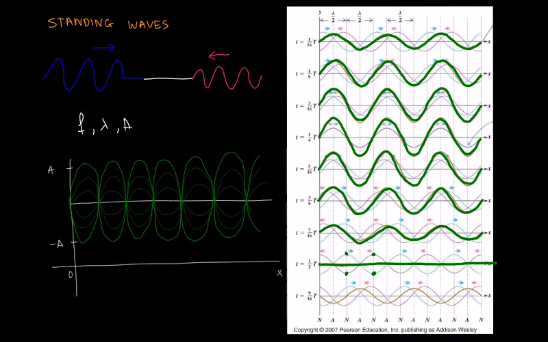A striking feature of a standing wave pattern is the existence of some points that never move, and those points are called nodes. As you can see, these points right here never move. They always remain at the same place. So those are nodes.